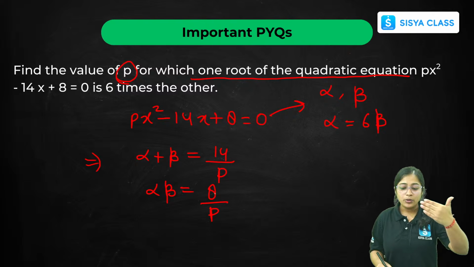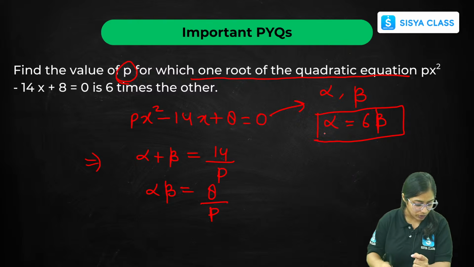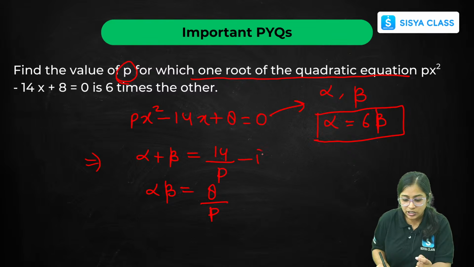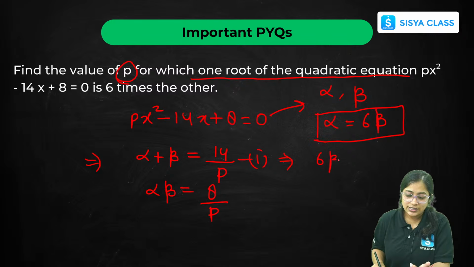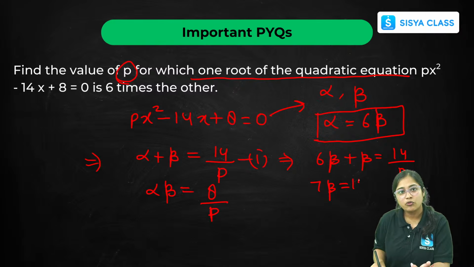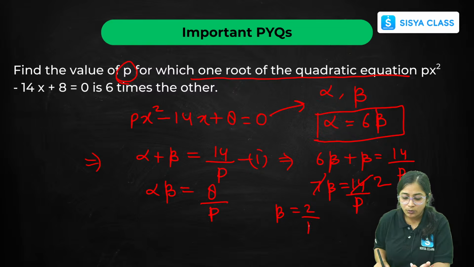Okay, now in both the equations substitute alpha equal to 6 beta. Got it? So in the first equation, if you substitute alpha equal to 6 beta, we will get 6 beta plus beta equal to 14 upon p, right? 7 beta equal to 14 upon p, so beta equals 2 upon p, right?